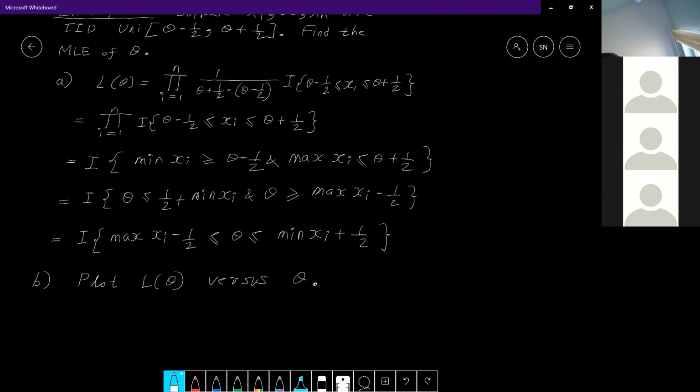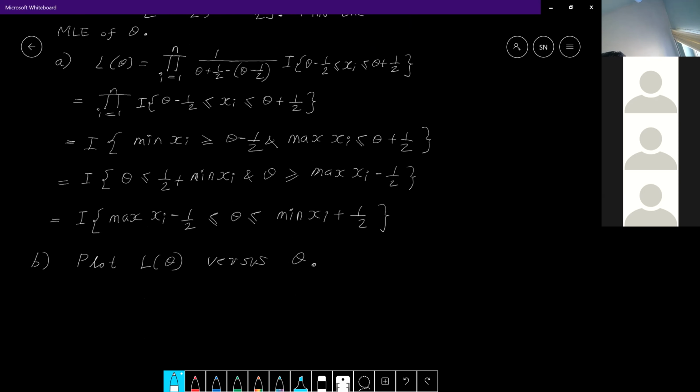So I'm going to show you how to plot it. Oh, come on, I'm very bad at plotting anything, but let me try to do it. This is the theta axis, and this is the L of theta axis.